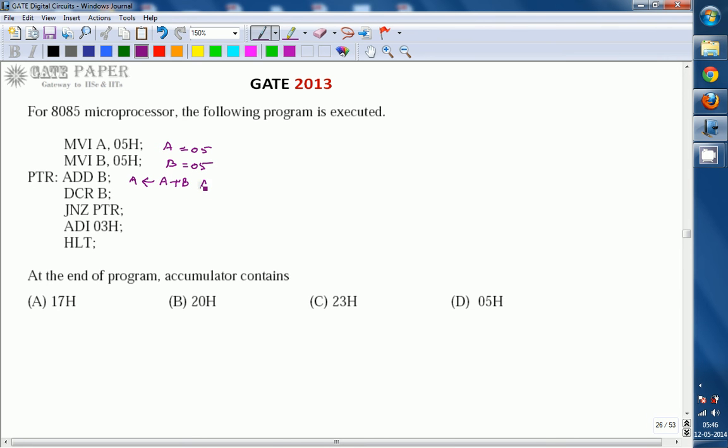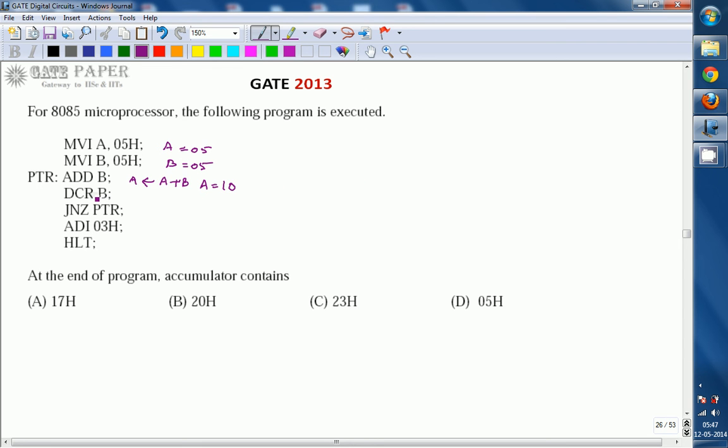So 5 plus 5 is 10. We are considering decimal numbers only till the end of the program, till halt. Later the decimal result we will convert into hexadecimal. So A is equal to 10.